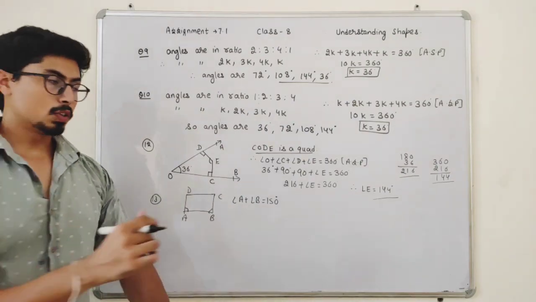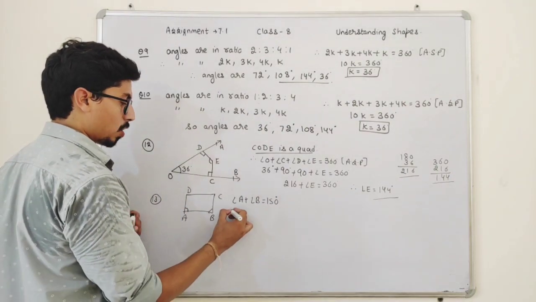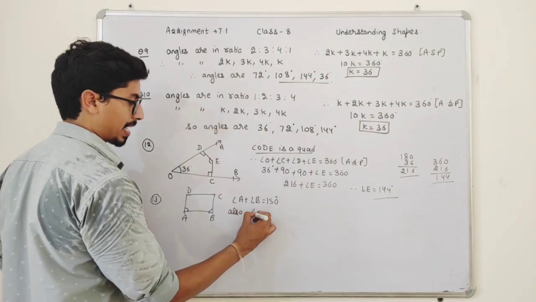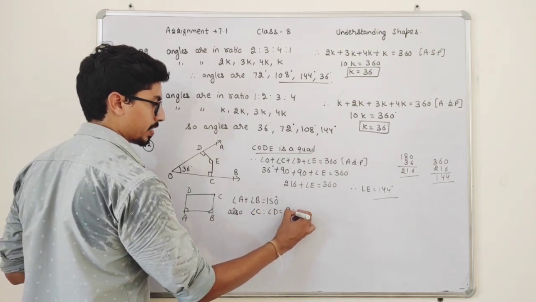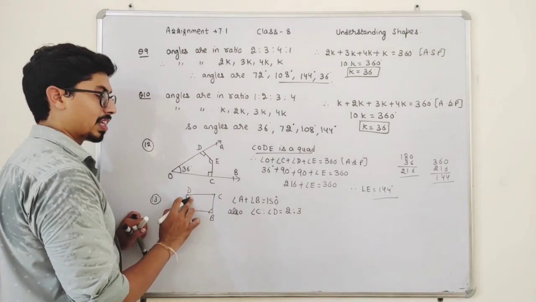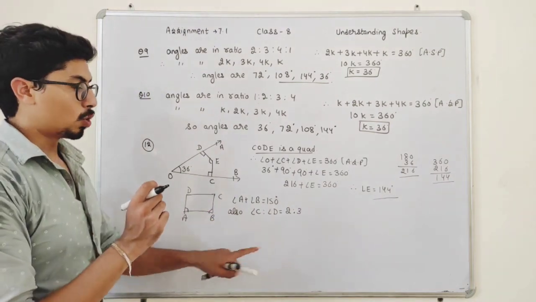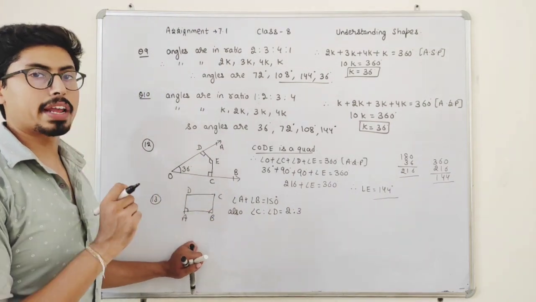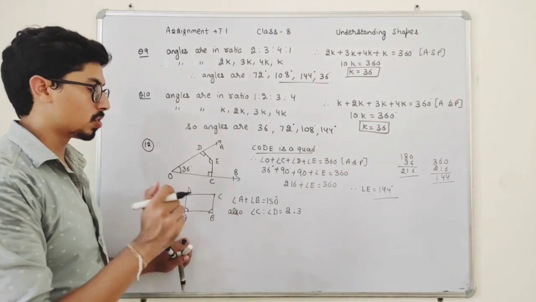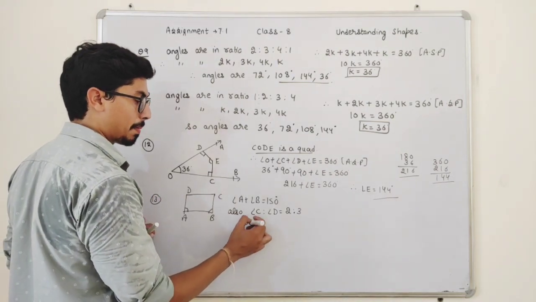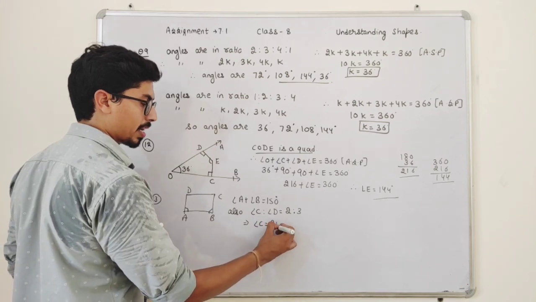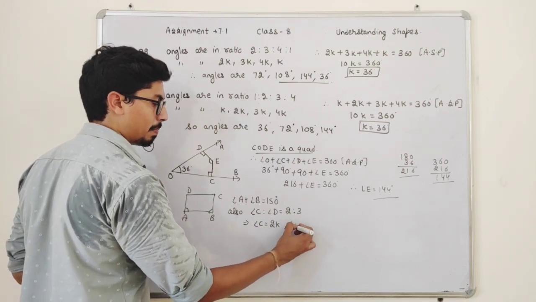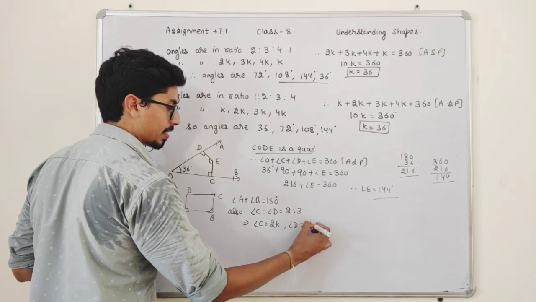Okay. Now students, angle C to angle D is in the ratio 2 : 3. Now to make this ratio into particular angles, I have to multiply by a constant. Therefore, if we multiply by k, angle C is equal to 2k and angle D will be 3k.